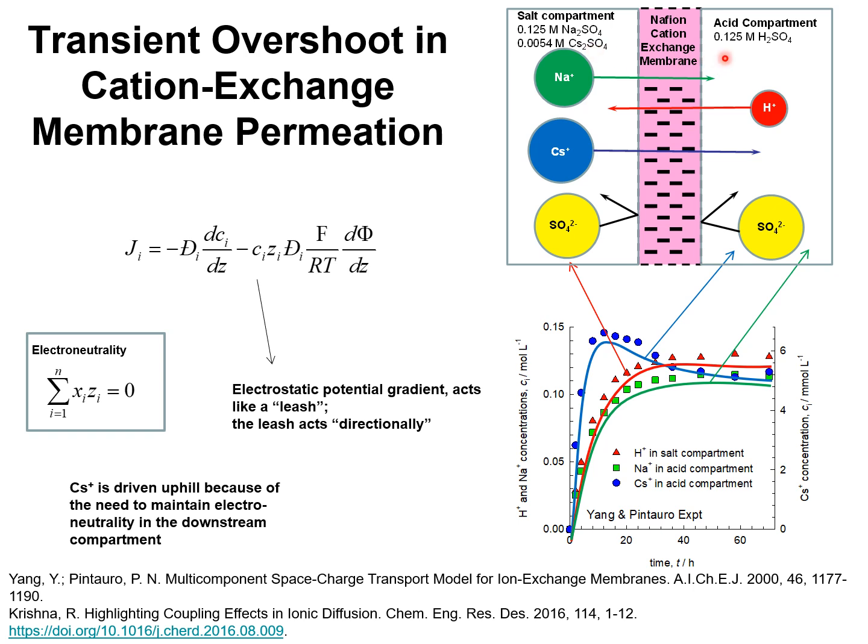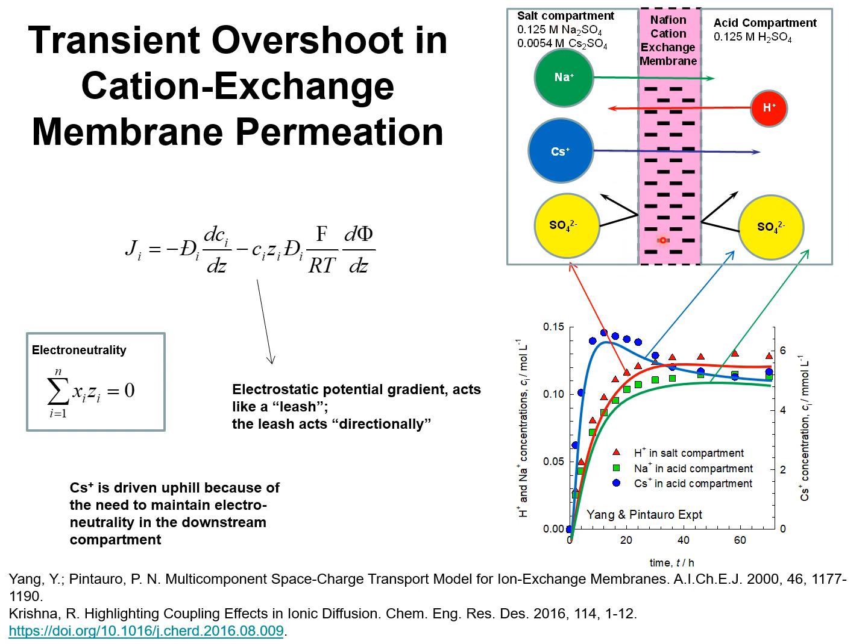The right compartment contains sulfuric acid. The molar concentration of sodium sulfate in the left compartment is the same as the molar concentration of sulfuric acid in the right compartment. The concentration of cesium sulfate is significantly lower than that of sodium sulfate.